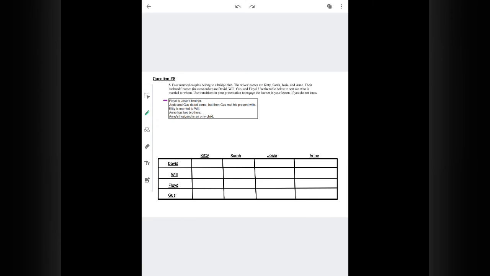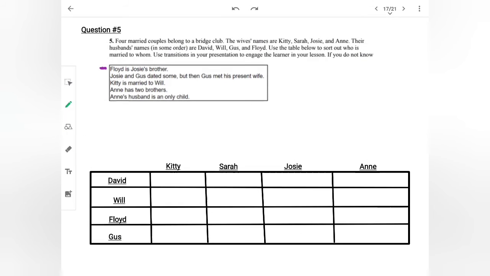So, starting out on this problem, we're just going to read from our clue box first, and see if we can get anything from that. Our first clue is that Floyd is Josie's brother. Well, since Floyd's Josie's brother, there's a really good chance Josie won't be married to Floyd.